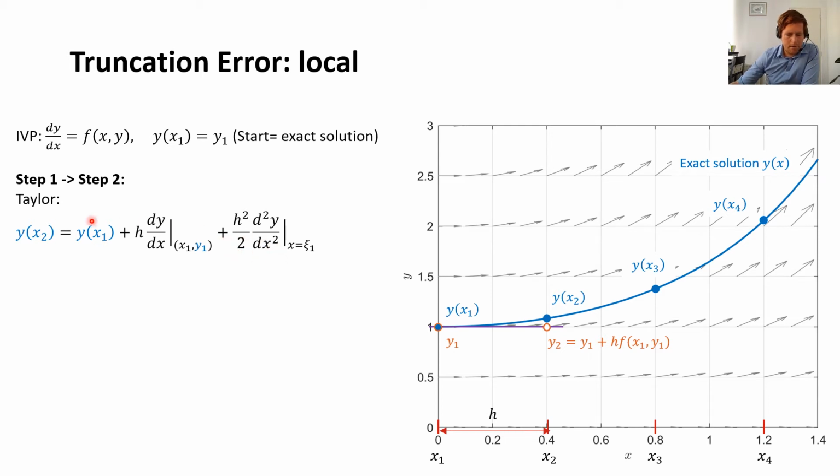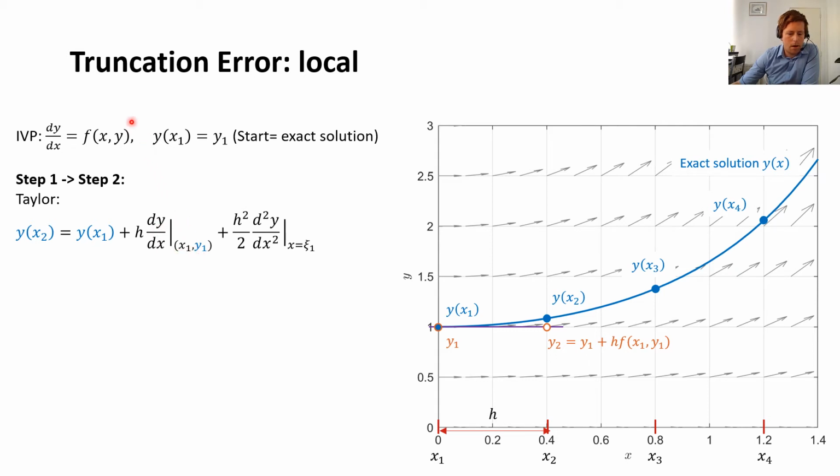Okay, and note that whenever I talk about exact solutions, I will put them in blue, and when they are numerical approximated solutions, they will be shown in orange. Okay, so let's take a closer look at this Taylor series expansion. We see here this second term, dy/dx evaluated at x1 and y1.